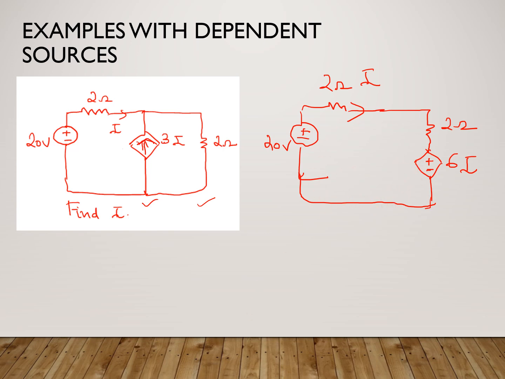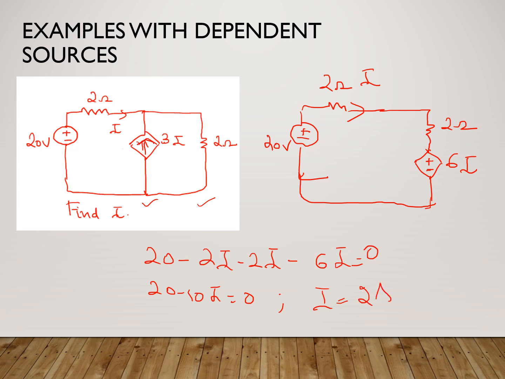So I'm going to be applying KVL here and I end up with 20 minus 2i minus again 2i minus 6i is equal to 0, which means I get 20 minus 10i is equal to 0, or effectively current I is equal to 2 ampere. 2 plus 2 is 4, 4 plus 6 is 10. So 20 minus 10i, or I is equal to 2 ampere. Yes. This is how we calculate this, right?